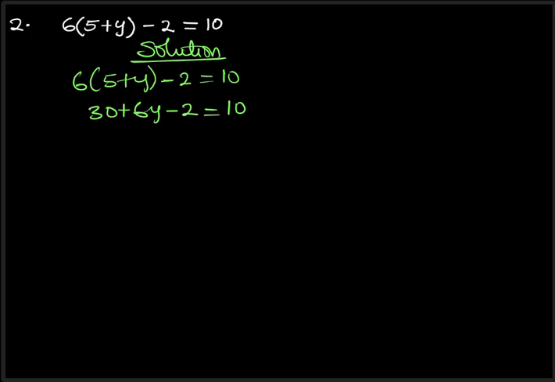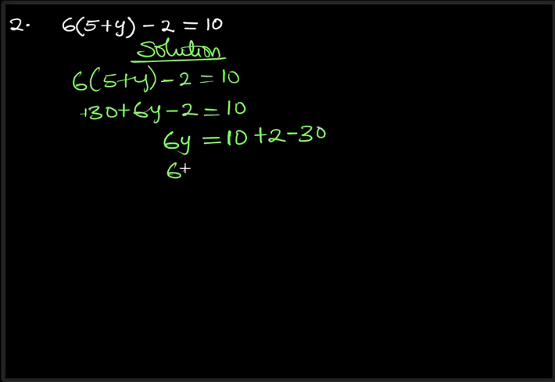From there, we'll collect like terms. We have only one variable here, which is 6y, so we'll keep our 6y on the left, and then equals to, we'll take all the numbers to the right hand side. 10 is already there, so we write our 10 first. Then minus 2 crossing over will turn to plus 2, and plus 30 crossing over will turn to minus 30.